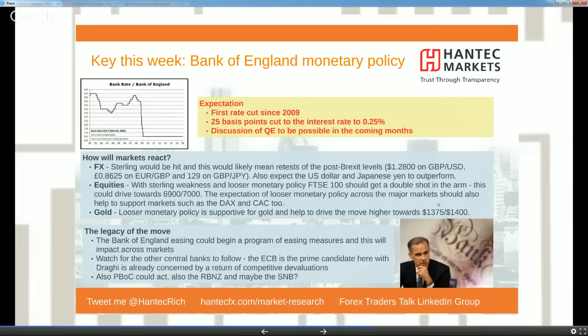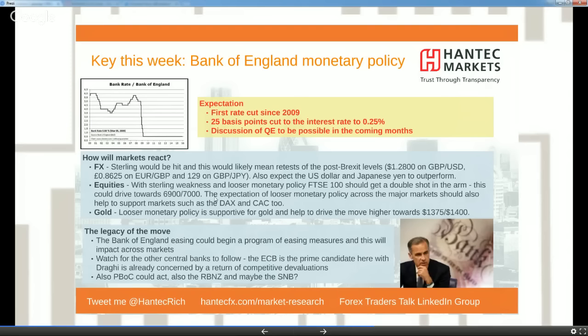The reason is that about 70 or so percent of FTSE earnings are generated abroad, and you've also got the big dollar dividend-paying stocks such as BP and Shell, and those dollar dividends would be translated better into sterling on a weaker sterling. So you subsequently get FTSE 100 benefiting on the back of that.